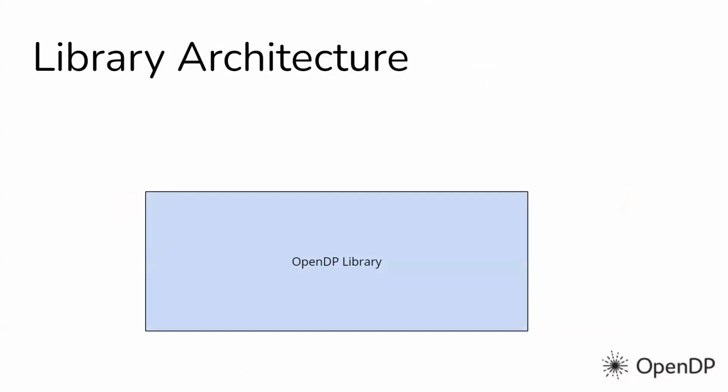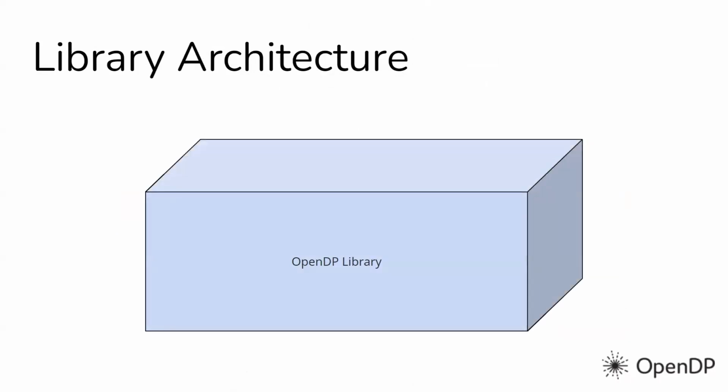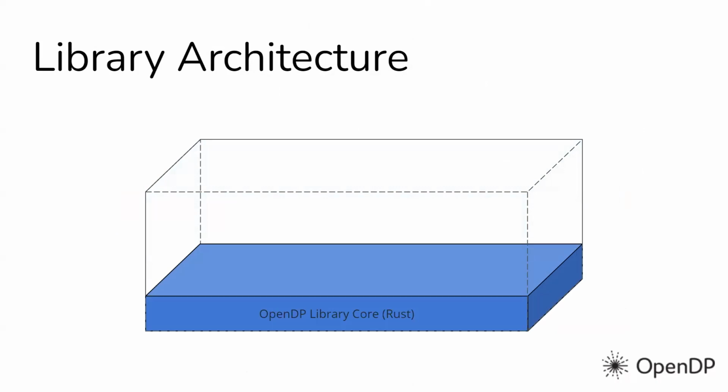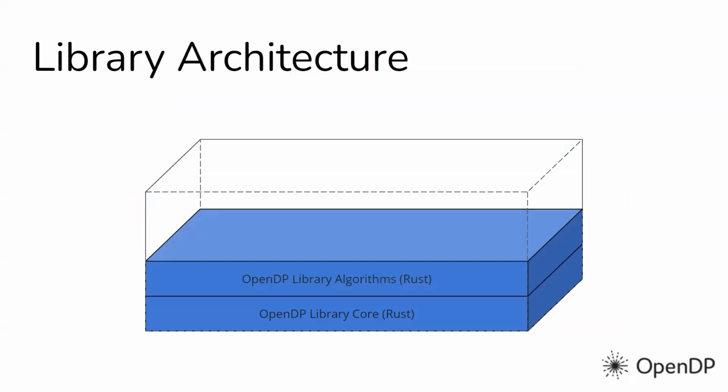So the library architecture is built all on a core Rust implementation. On top of that, we have many algorithms that call upon the core implementation of the programming framework.